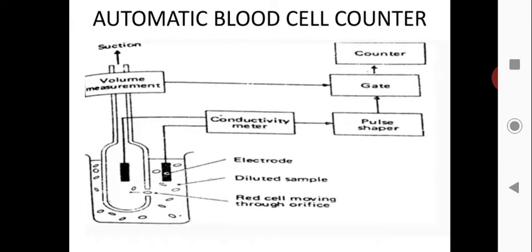Here we have two electrodes, one positive and another negative. These red blood cells, about 40 micrometer in diameter, pass through this aperture, moving through the orifice, and this movement of the red blood cells causes an effect similar to the movement of electrons.